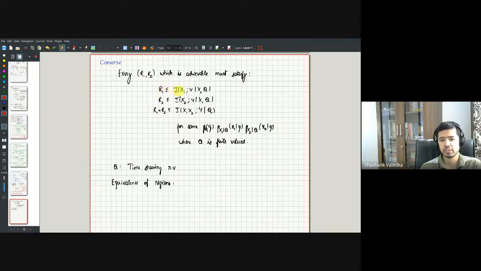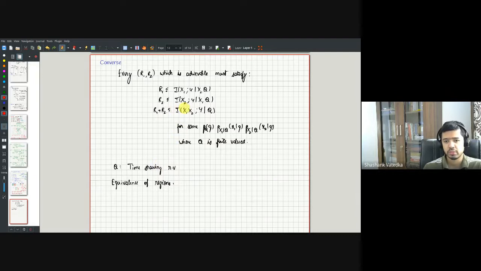One, that R1 is less than or equal to the mutual information between X1 and Y given X2 and Q. Similarly, R2 is less than or equal to the mutual information between X2 and Y given X1 and Q. And R1 plus R2 is less than or equal to the mutual information between X1, X2, and Y conditioned on Q. But this Q is what I call a time-sharing random variable.